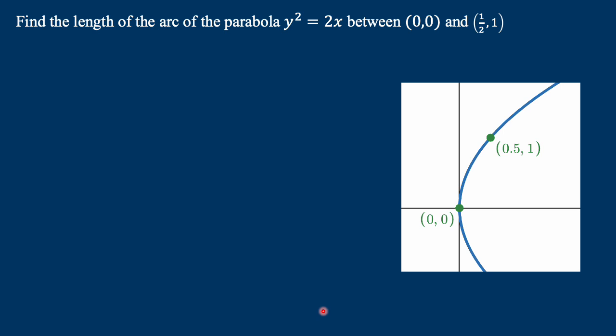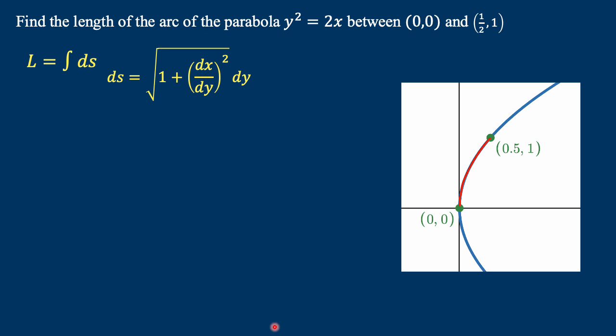So this one, we want to find arc length here, the red part, right here, guys. But this one looks like it opens to the right, so we want to solve for x. Using this formula, ds is going to be square root of 1 plus dx over dy squared, dy.